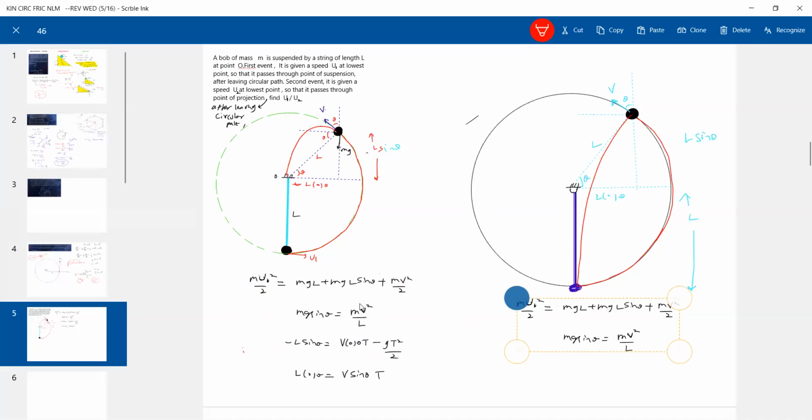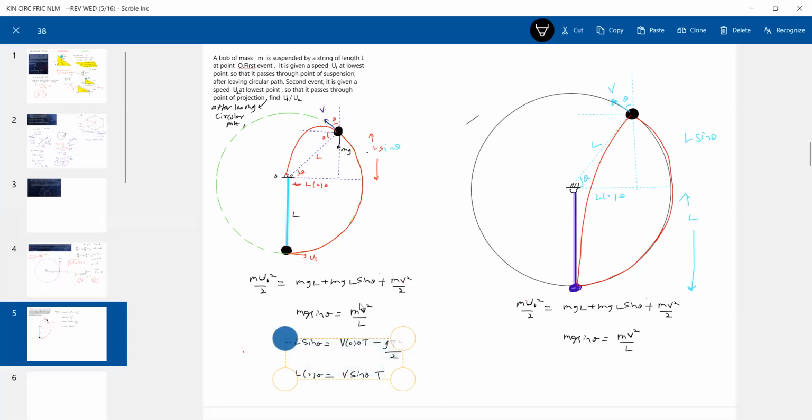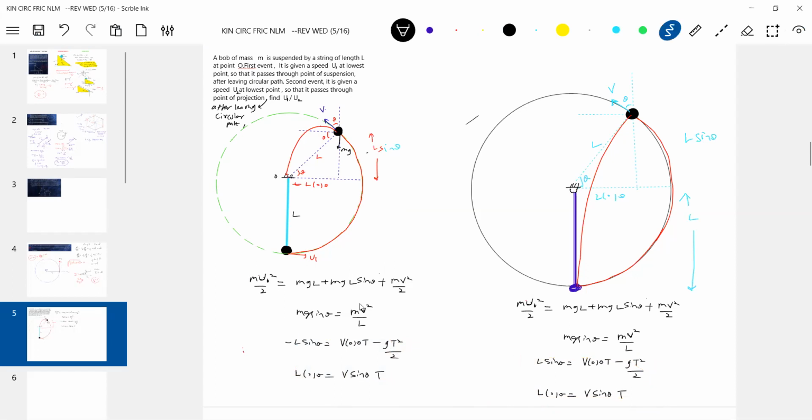Try to make a comparison. The difference will be only in this equation; we are going to change it. It will be minus of L plus L sin theta. This time of flight will be different, so let me call it T2.